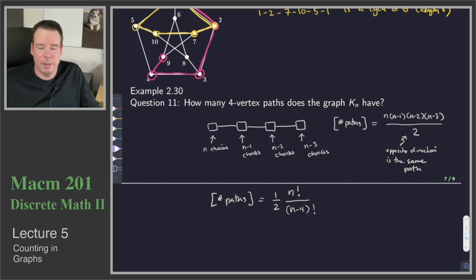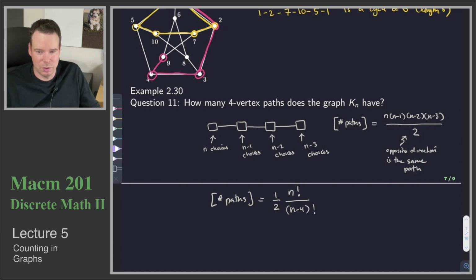So looking back at the solution I've used here, what I've actually done is counted the number of permutations of size 4 there are from the collection of n vertices. But I had to realize that I wanted to consider a permutation written in one direction is the same as the permutation written in the reverse direction.